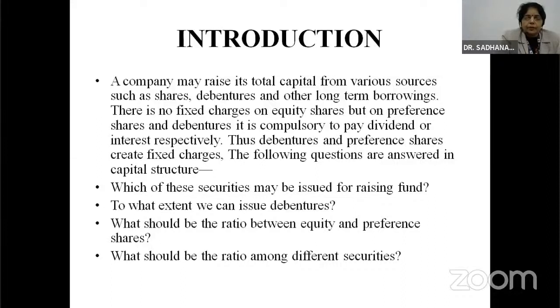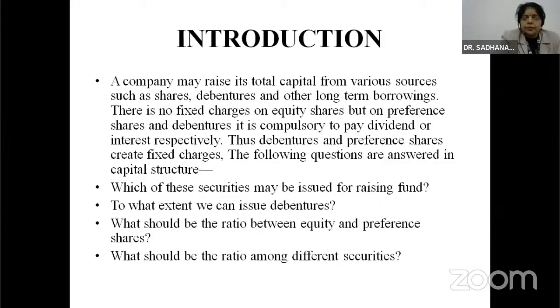There are no fixed charges on equity shares, but on preference shares and debentures, it is compulsory to pay dividend or interest respectively, so we can say that these have fixed obligations which we have to pay at any cost.